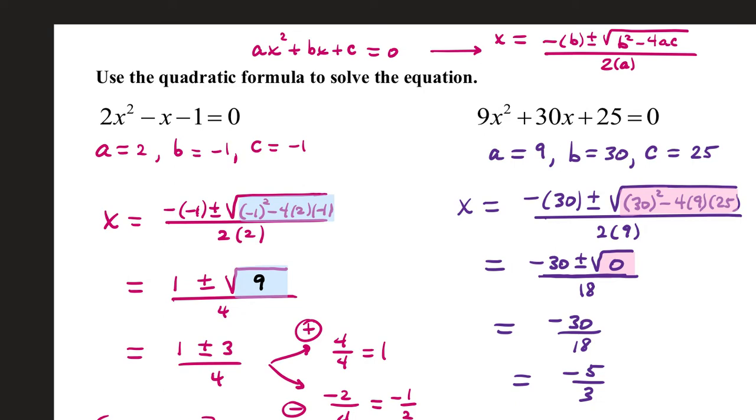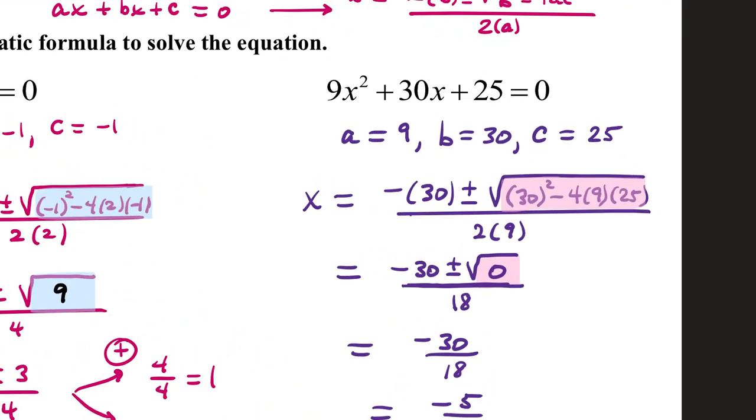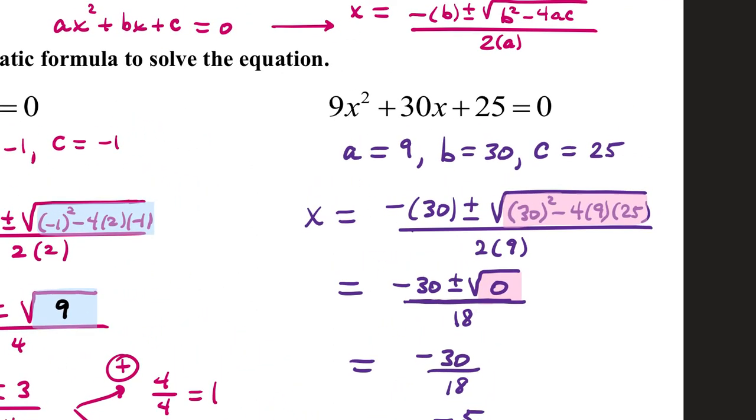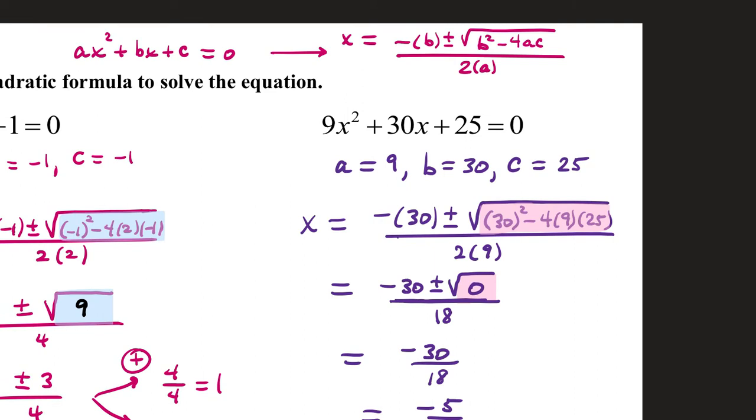The example to your top right: we have a quadratic equation 9x squared plus 30x plus 25 equals 0. Go in order. a is 9, b is 30, c is 25.